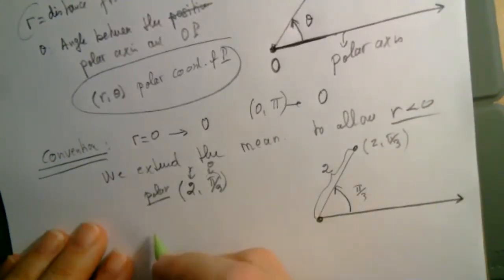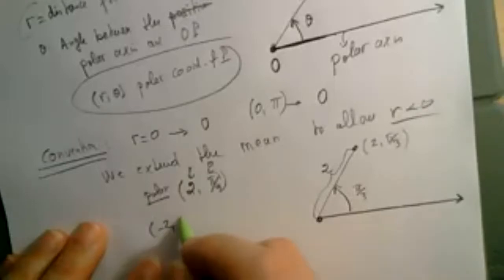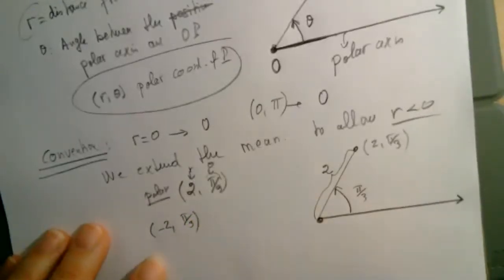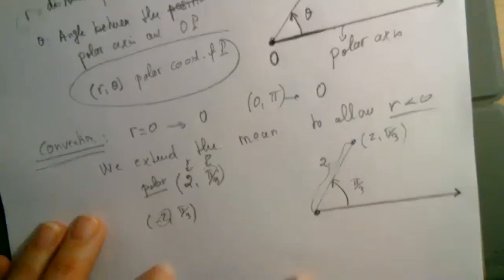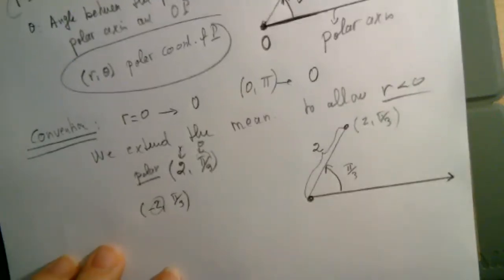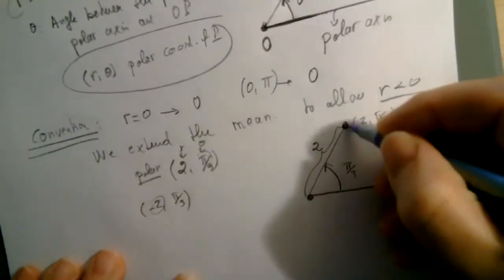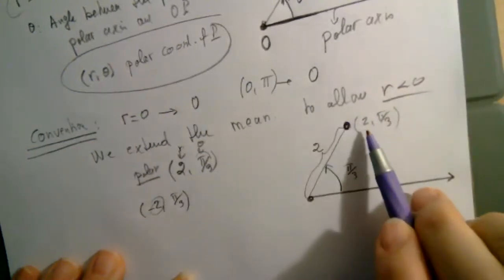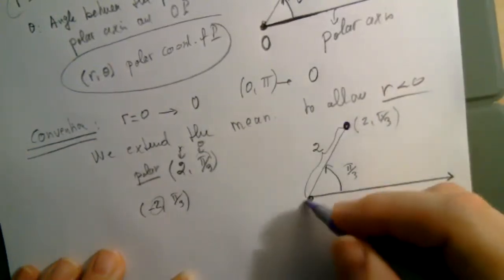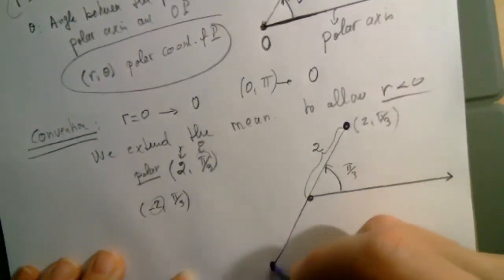Now, what does (-2, pi over 3) mean? Here I'm letting r take a negative value. (-2, pi over 3) by definition is the following point. It's the point which is symmetric to the positive r point with respect to the origin.